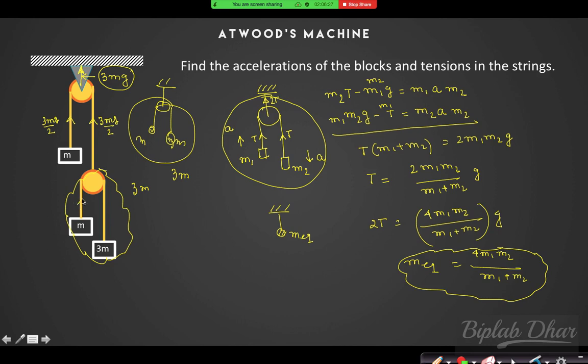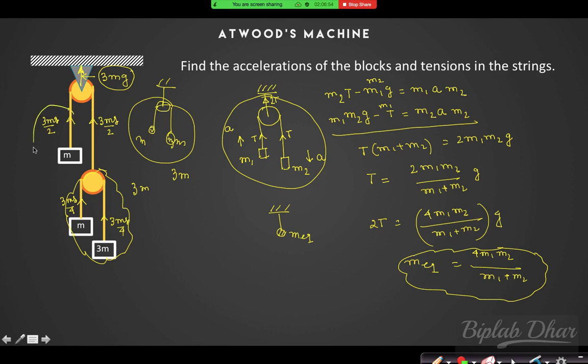What will be the tension on these two strings? 3mg by 4. Sir, I have a question. At the top it's 3mg, and just below it on the right it contains another pulley, that will not affect. It will just be distributed. If this tension is T and this tension is T, this is 2T. So if this is 3mg, this will be 3mg by 2, 3mg by 2, and this will be 3mg by 4, 3mg by 4.